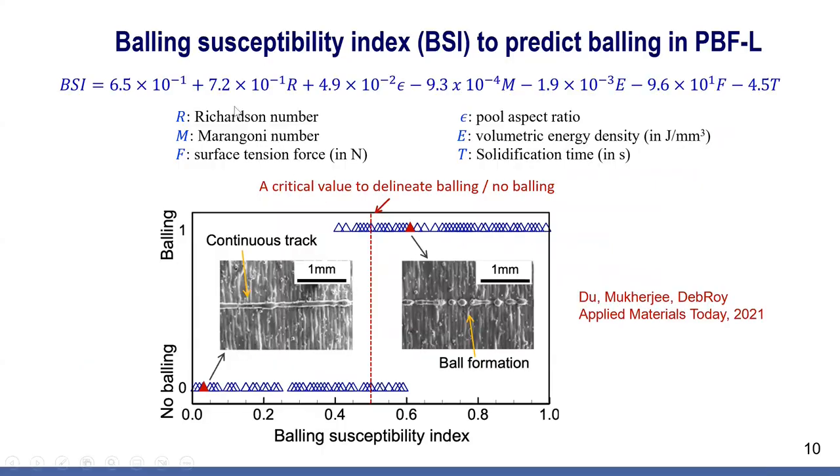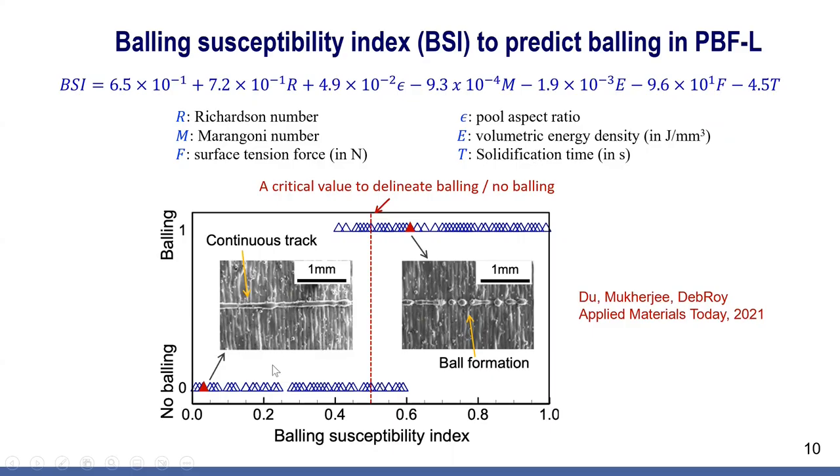So here again, we do some regression analysis with different variables like pool aspect ratio, Richardson number, Marangoni number, surface tension force, solidification time, and the amount of energy that we are putting into unit volume.